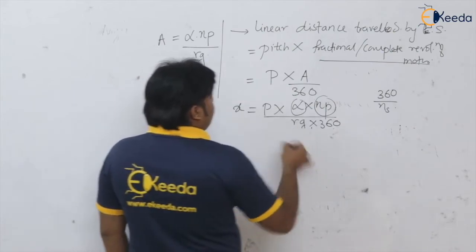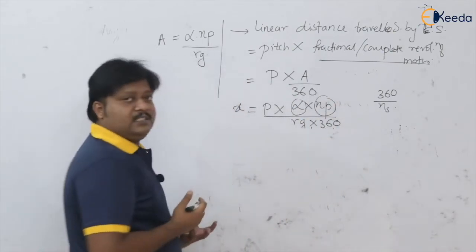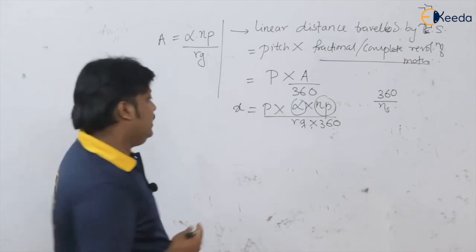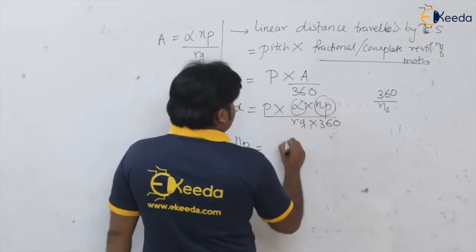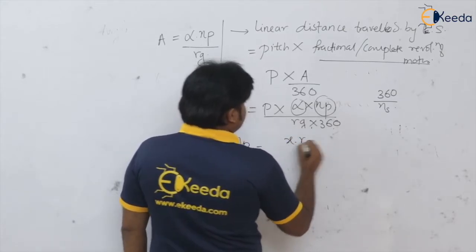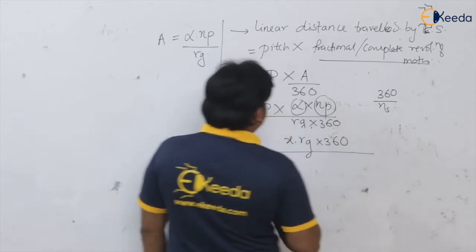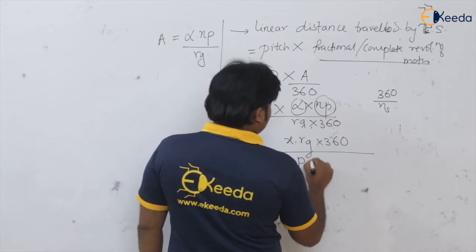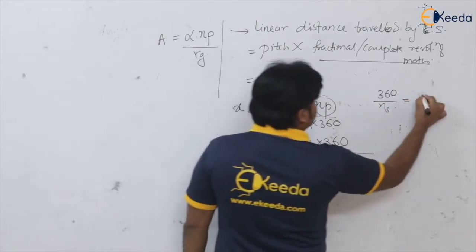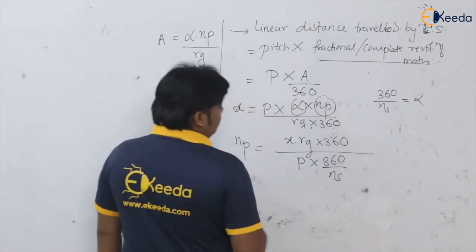So from this equation, if I want to find the number of pulses received by the motor, NP is equal to X into RG into 360 divided by P into alpha, where alpha is 360 divided by NS.